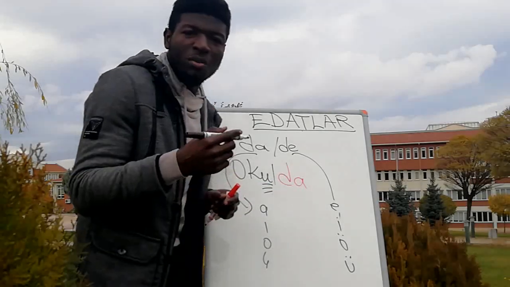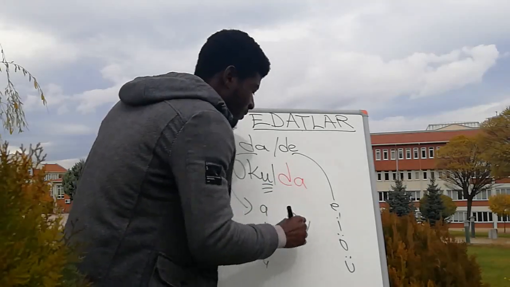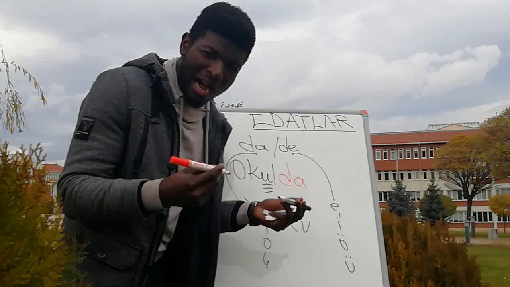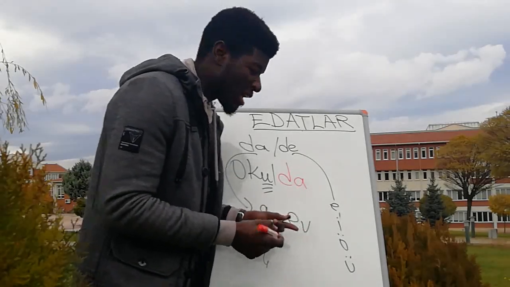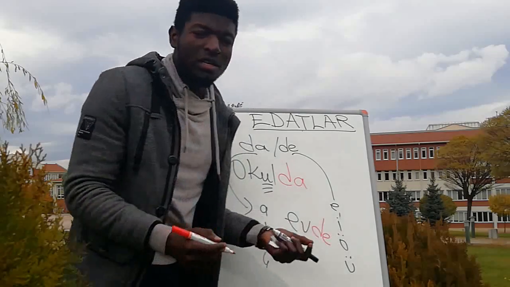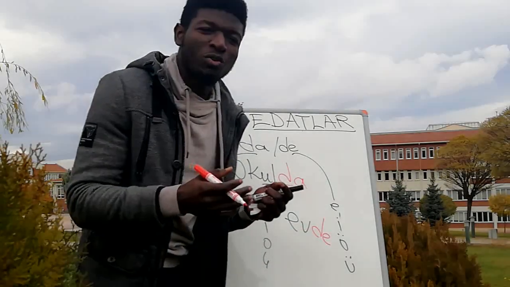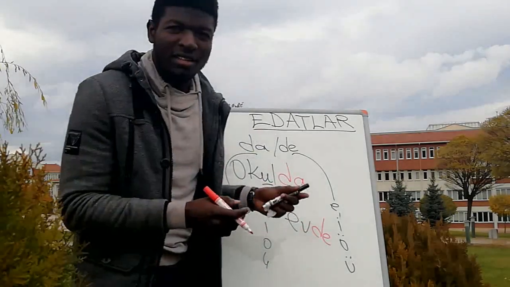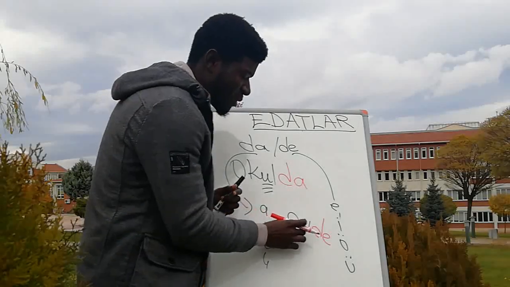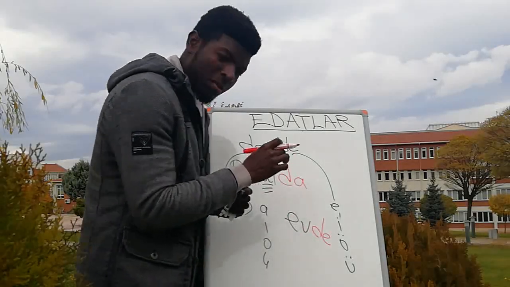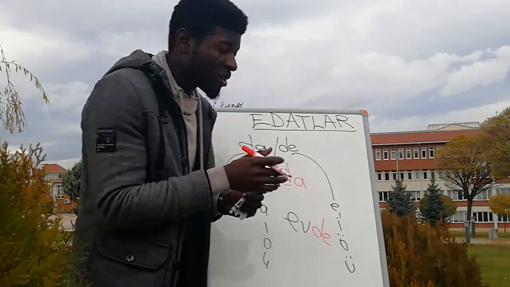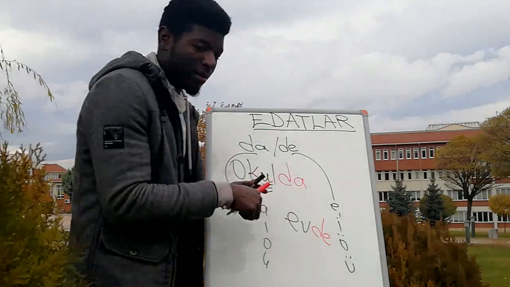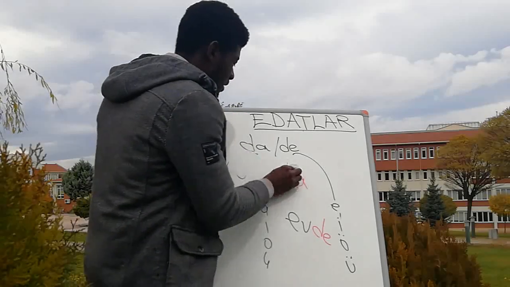But if we mean, for example, ev, which is house, I'm at house, so you will be using ev de. That's all you have to know about da and de. Just look at the last vowel in the word and that gives the reason to use da or de.